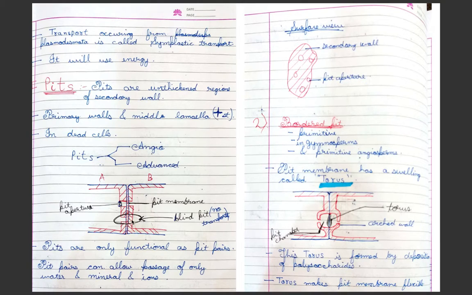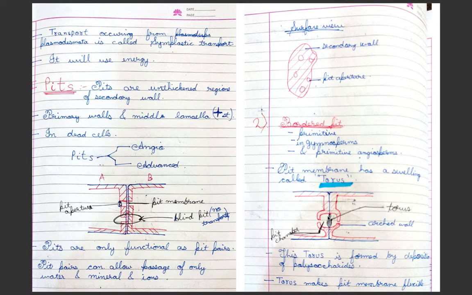See, here is a blind pit, because on one side there is no plasma membrane, but the other side is completely packed. Also, surface view is like this: border pit, primitive, in gymnosperms and primitive angiosperms. Pit membrane has usually a swelling called torus. Torus is a flaccid structure which helps in making the pit membrane flexible.